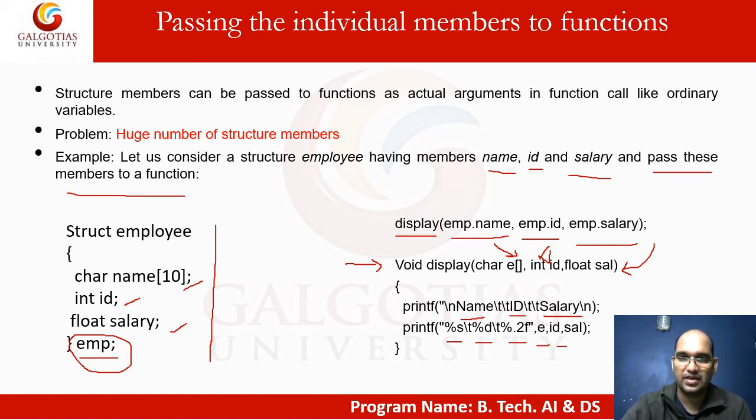And third one is %.2f, that is the float, so salary will be printed in place of %.2f. So this is how we can pass individual structure members to a function, and this is how we can receive and use these values. So this is the one method.